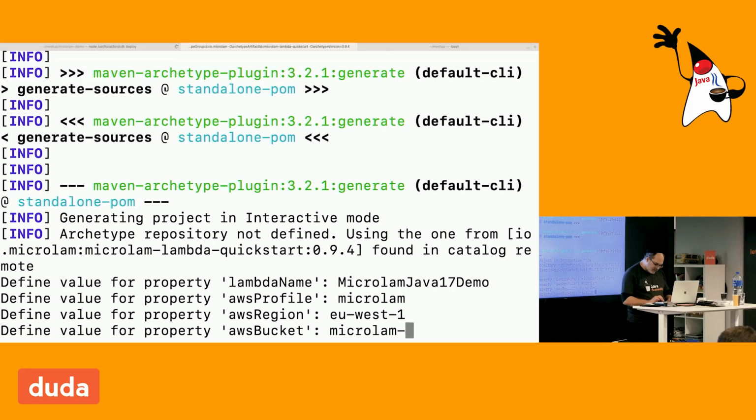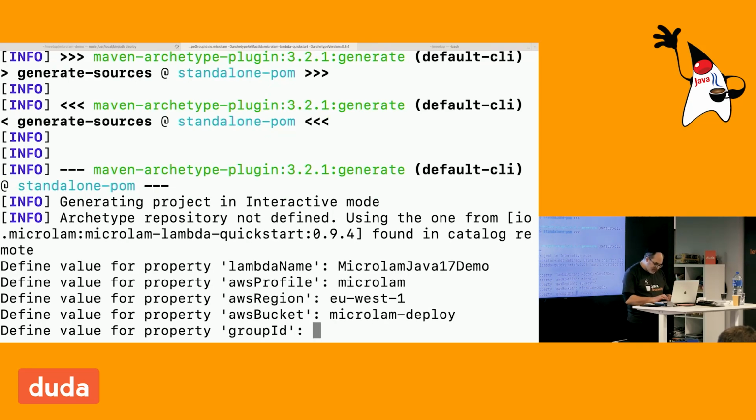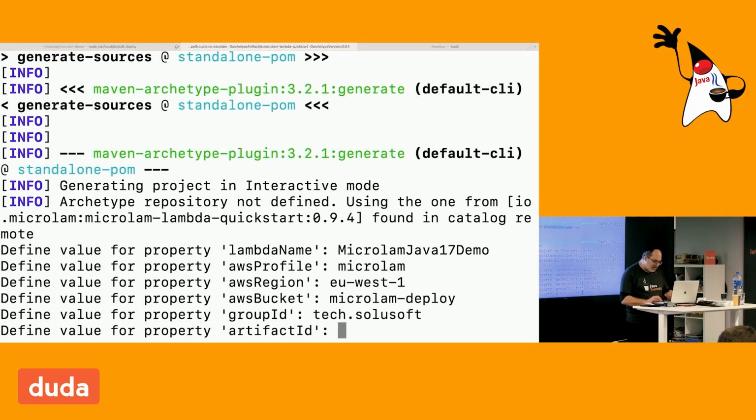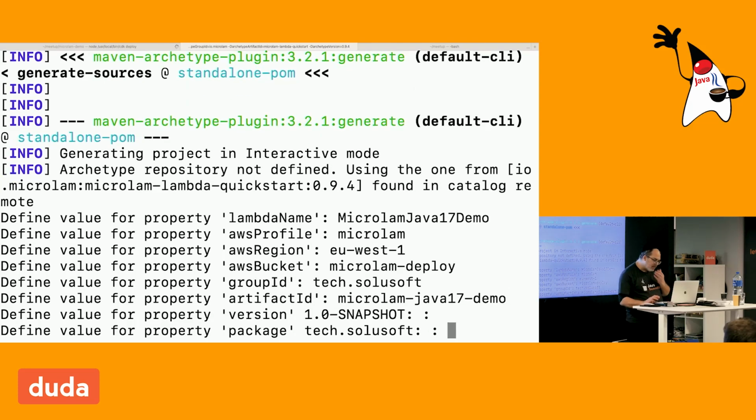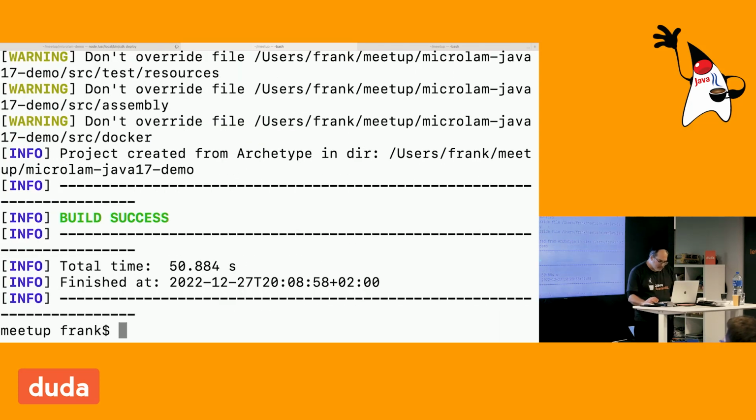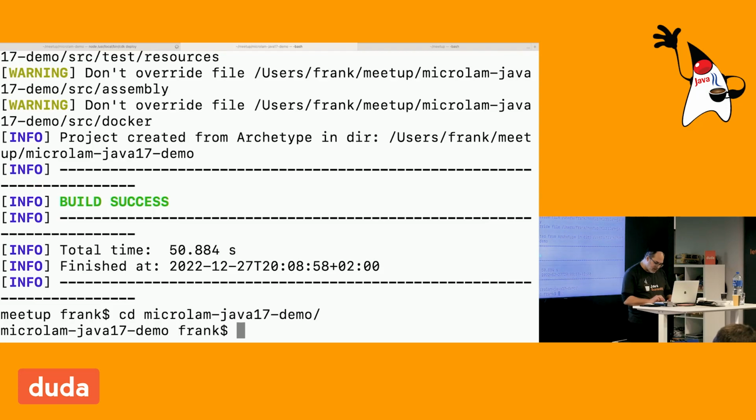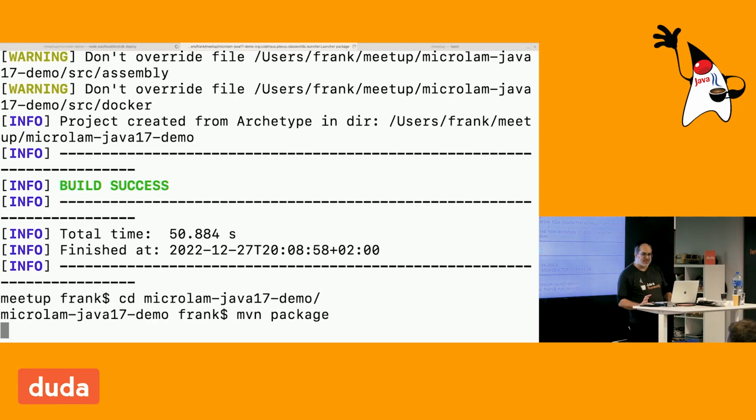And the same bucket. The same group ID, and artifact ID will be microlam Java 17 demo. Okay. Perfect. Okay. Maven package. It's useful because it's exactly the same package.